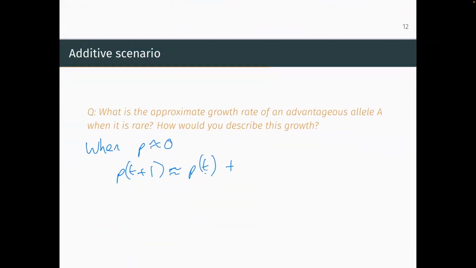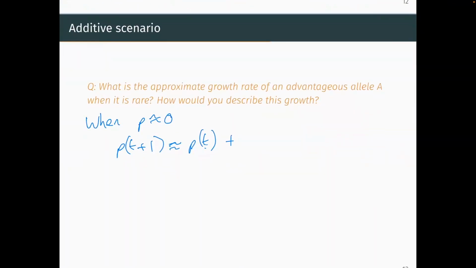So this is approximately equal to P of t plus s times P of t over 1, which is P of t times (1 plus s). This is just the same as we had before, right? So when it's very, very rare, it grows at approximately the same rate as when it's dominant and when it's additive.